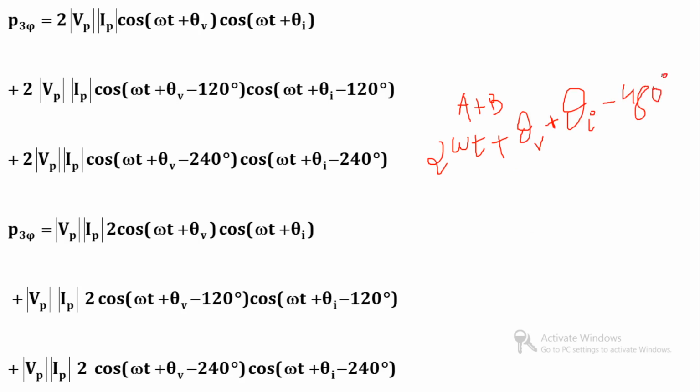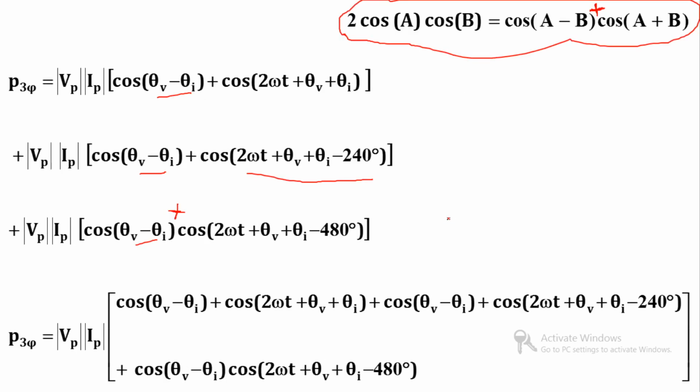So the third angle is 2 omega t plus theta v plus theta I minus 480. So this is our next equation. Clear? I will use the formula 2 cos A cos B is equal to cos A minus B plus cos A plus B. Clear? And here also a plus sign, sorry for that mistake. Now let's move forward.